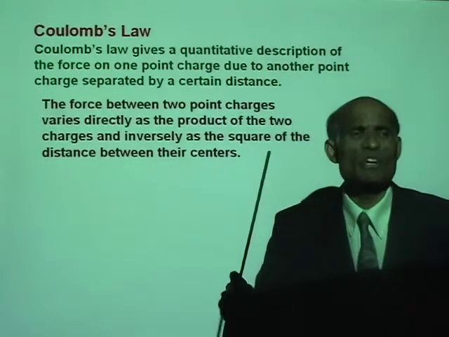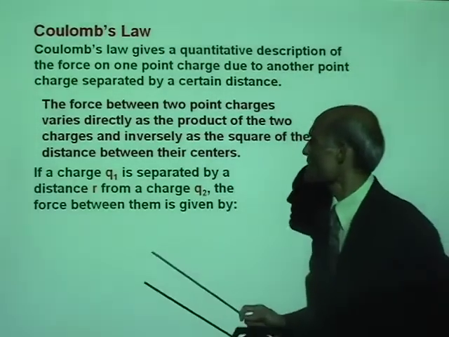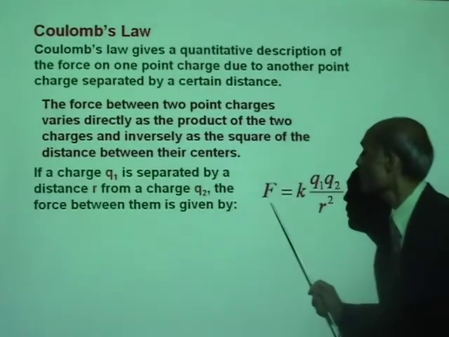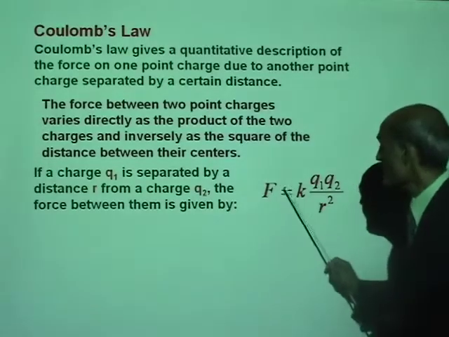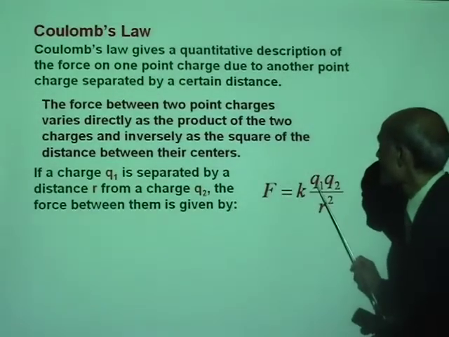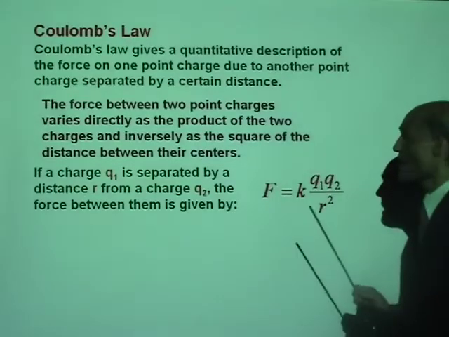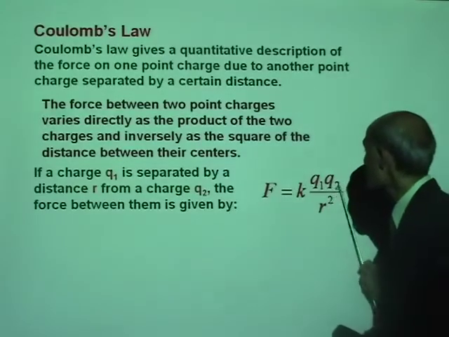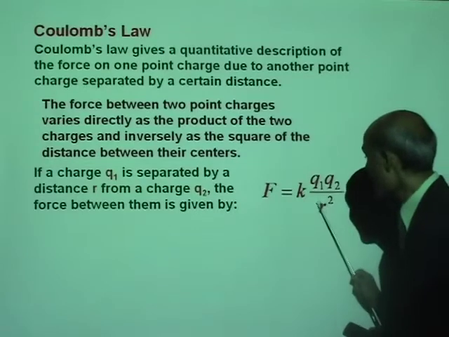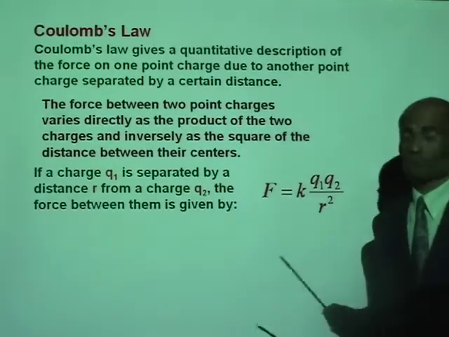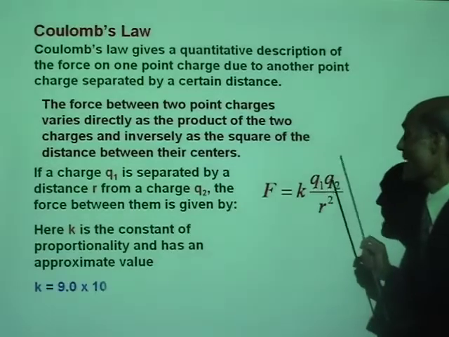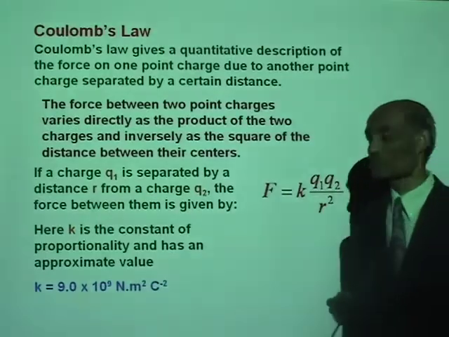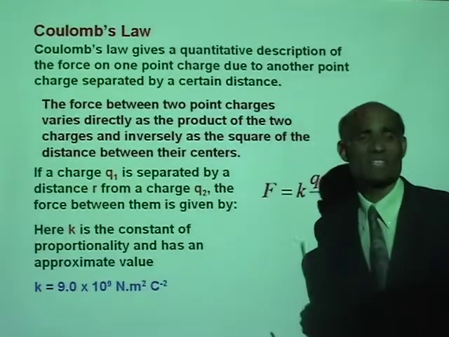Now, I can write this as an equation: the force between the two charges is equal to a constant k times q1 q2 divided by r squared, where q1 is the charge on one object, q2 is the charge on the other object, and r is the distance between them. K is a constant with the value 9 times 10 to the 9, and don't worry about the units.